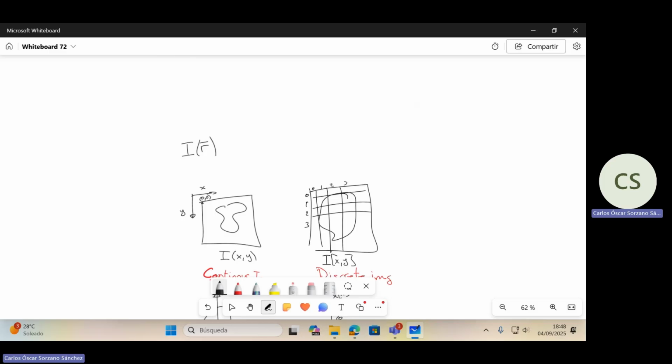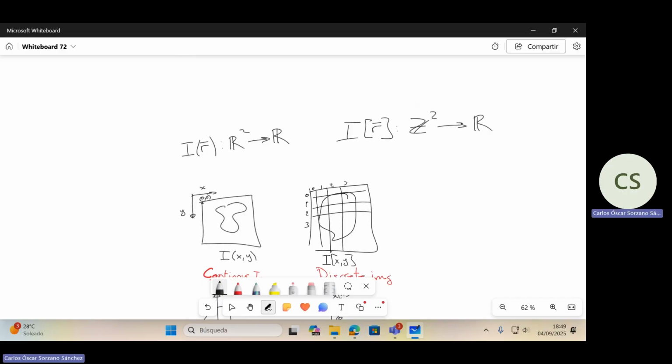R with a vector goes from R squared to, let's say it is a gray image, the reals. And in the discrete images, the domain is discrete.